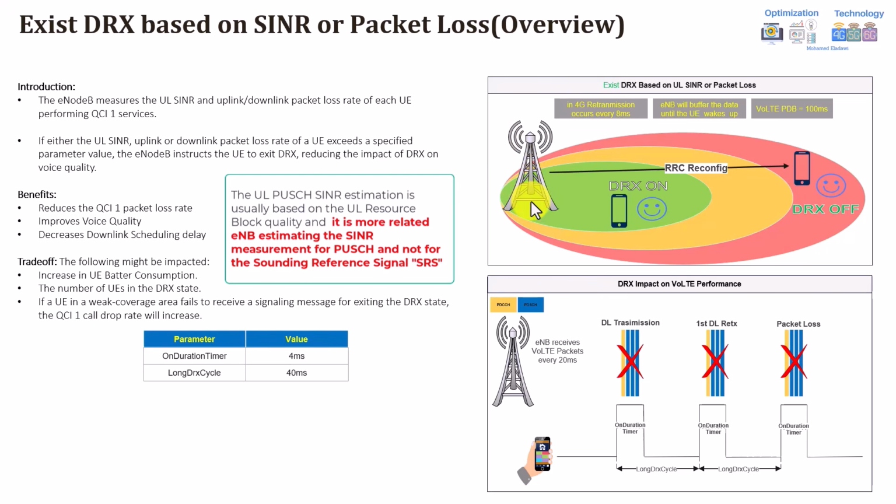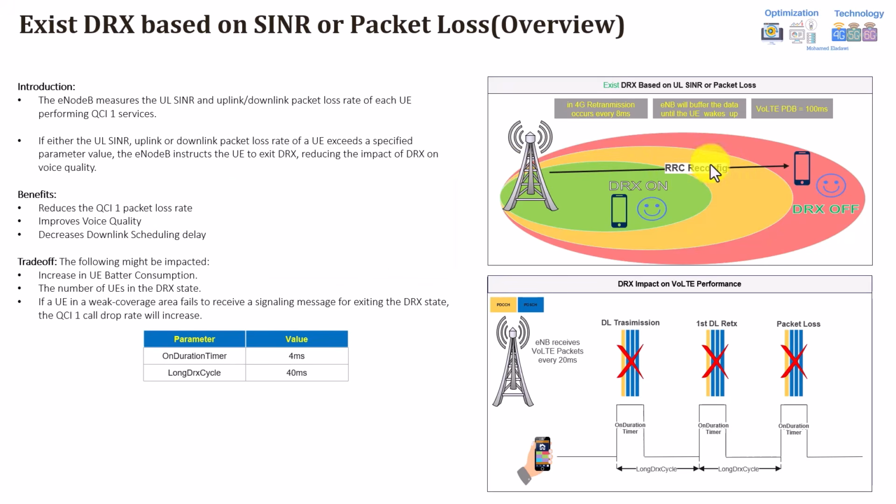In case the SRS is not enabled, the eNodeB will estimate the SNR, and once it's found to be falling below the configured threshold, which we assumed as 5 dB, let's assume now the user is having 3 dB or 2 dB SNR, the eNodeB will send him an RRC reconfiguration message to completely disable the DRX, to ensure that this user will never enter the DRX whenever his uplink SNR is in a poor radio condition.